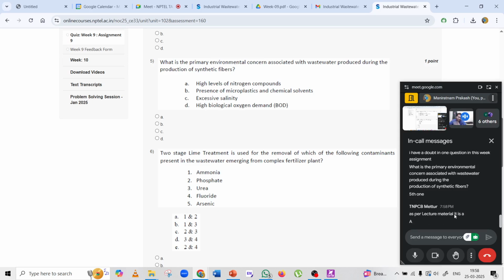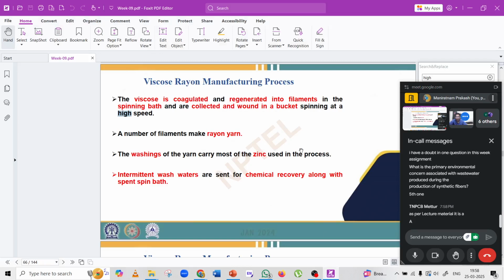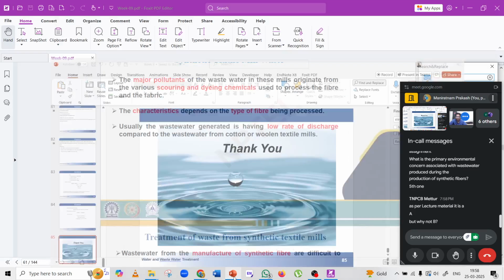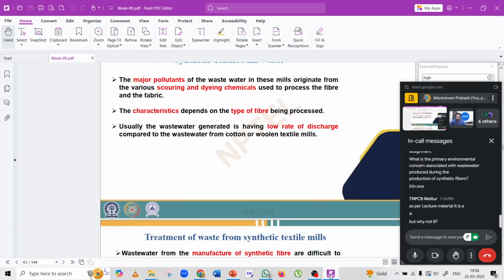As per lecture material, it is A. But why not B?